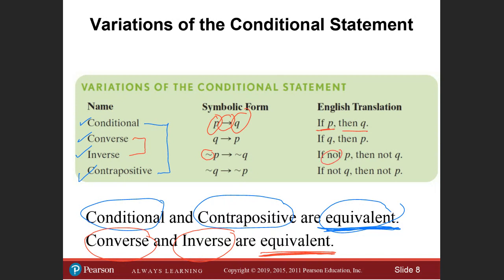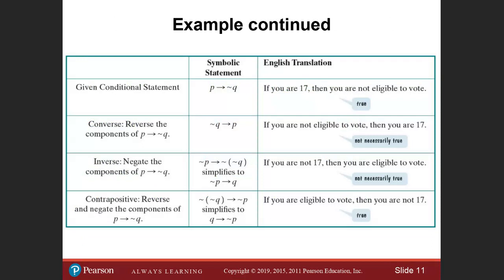So that's not P. Okay, so let's look also at the examples. I'll give you a chance to look at the examples for conditional, converse, inverse, and contrapositive.